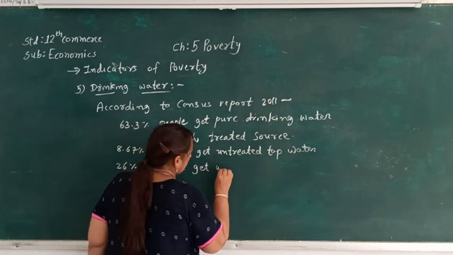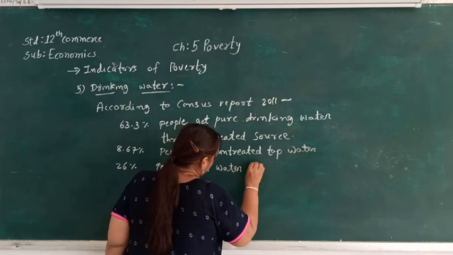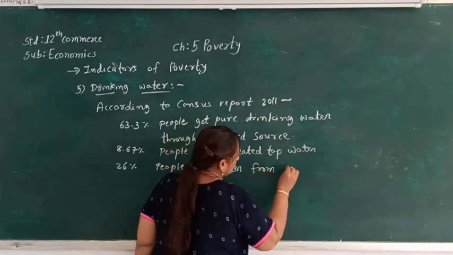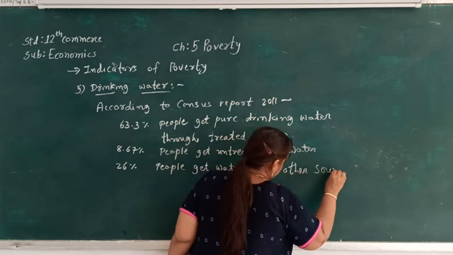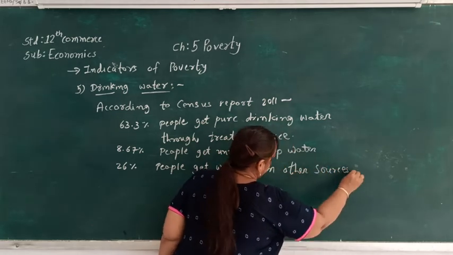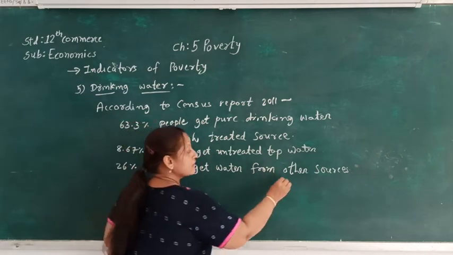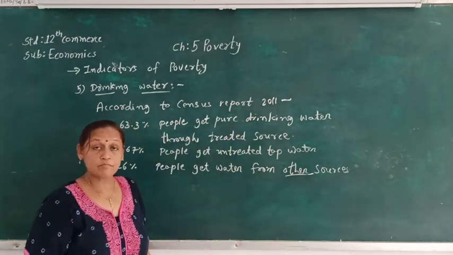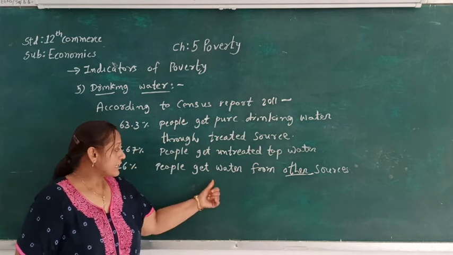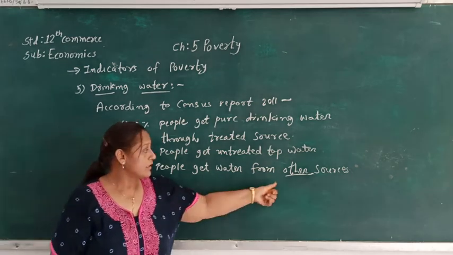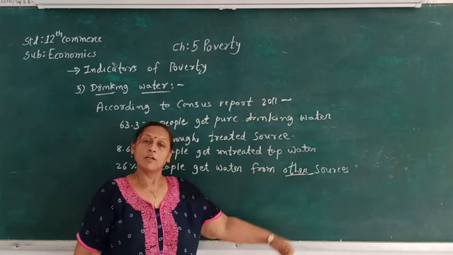People get water from other sources like tube well, hand pump, river, pond, well, etc. So 36% people are getting water from other sources.